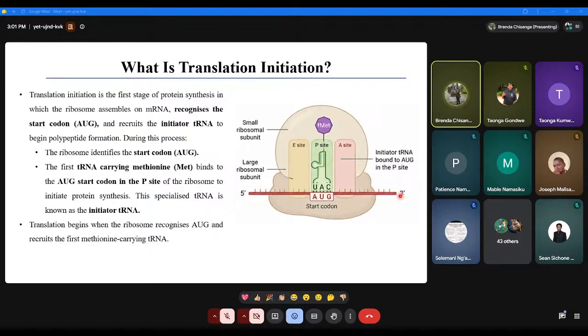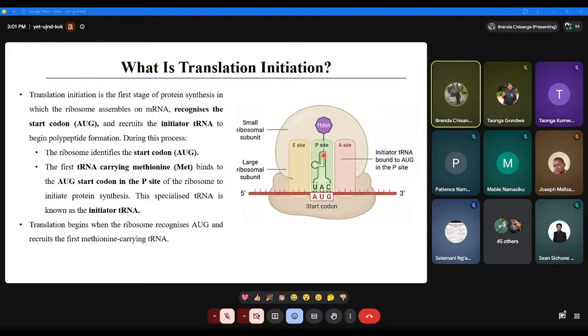So the ribosome has to recognize the start codon. In addition, when the ribosome recognizes the start codon, we need a tRNA to bring in the correct amino acid that corresponds to this codon.